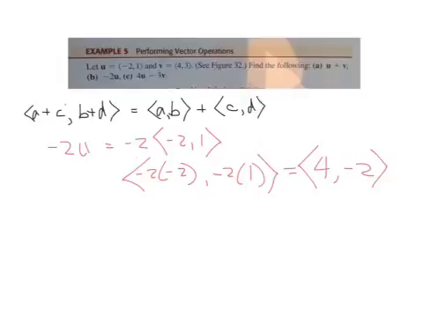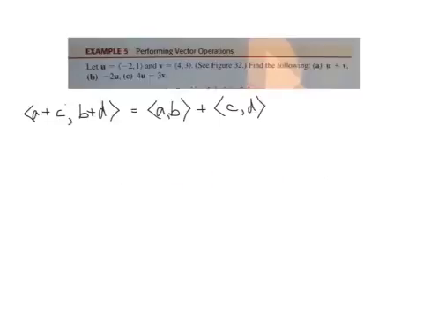Alright, so C is kind of a combination of A and B. They're asking you to find 4u minus 3v. So we're going to take 4 times u, which is -2, 1.